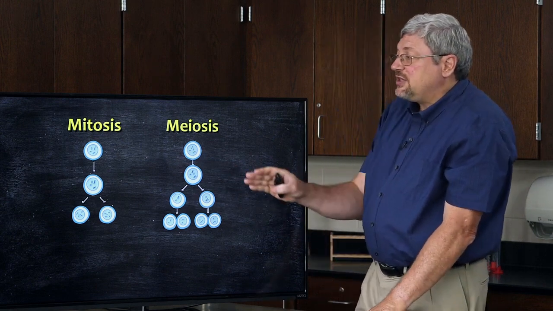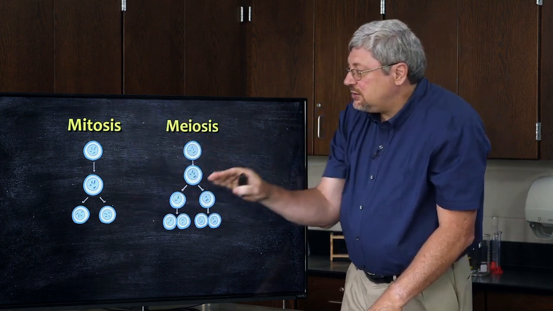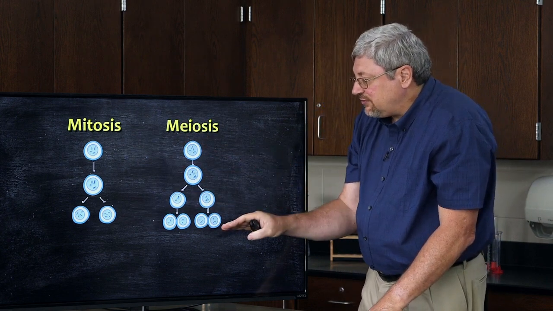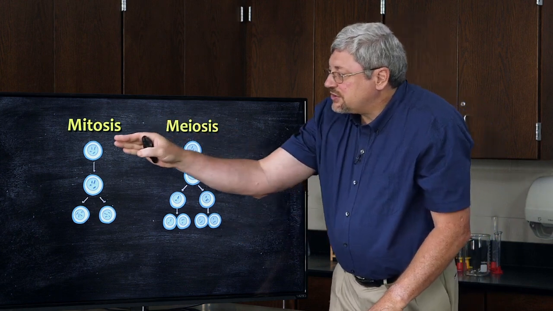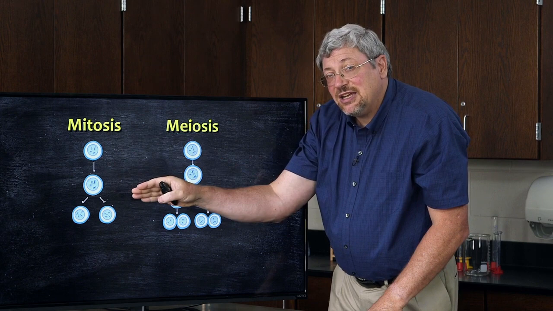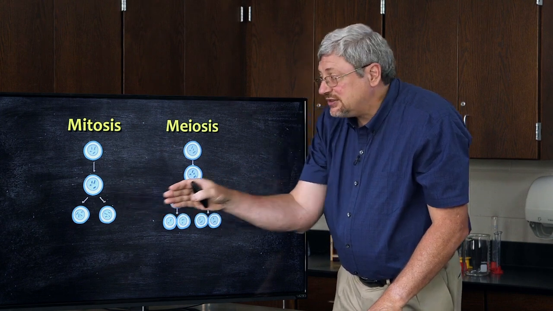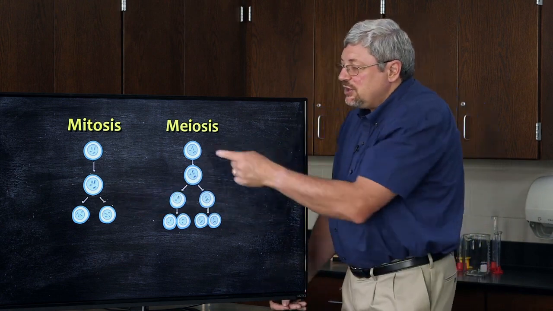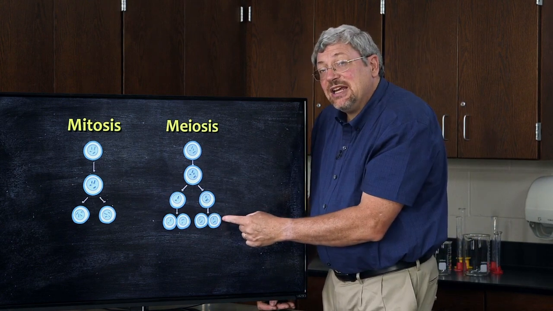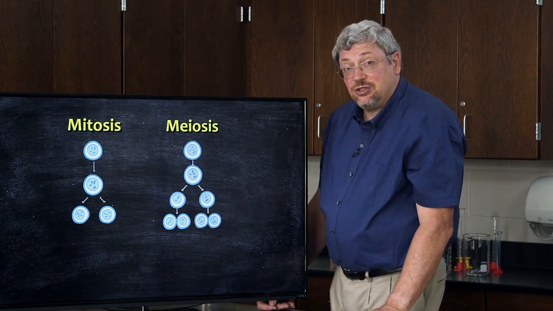So contrasting mitosis and meiosis: mitosis goes from 1 cell to 2, meiosis from 1 cell to 4. Mitosis starts with a certain amount of DNA, and the exact same amount of DNA and the exact arrangement of DNA is in each of the 2 cells. In meiosis, we end up with half the amount of DNA in each resultant cell and in a unique combination.